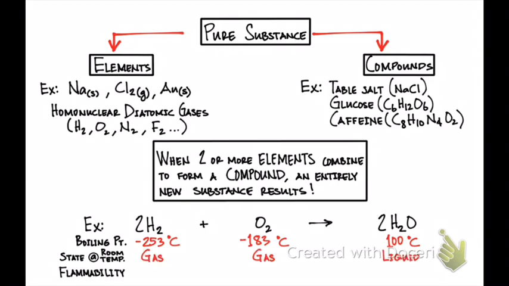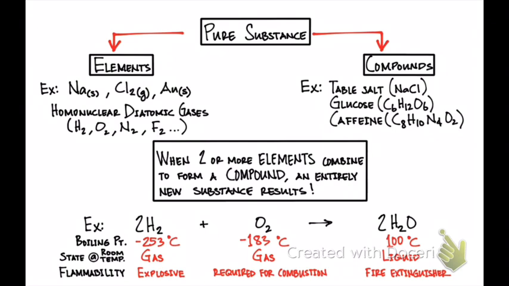So when you look at the physical state, you have hydrogen gas and oxygen gas. At room temperature, they are in gas state, whereas water at room temperature is in liquid state. And in terms of flammability, hydrogen gas is very flammable, right? Oxygen gas is not flammable, but it is required to make fire. Okay, so it's required for combustion.